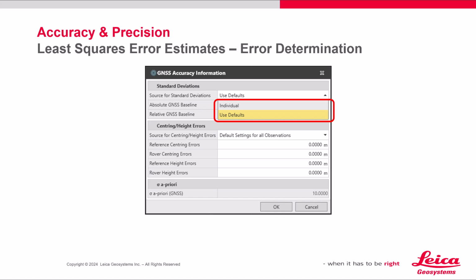So on the GNSS side of things, again, we can choose individual or use defaults. Now, individual means that the data attached to the equipment will come through in the software and populate the errors. Use defaults means we will plug in known or reliable values that we like.